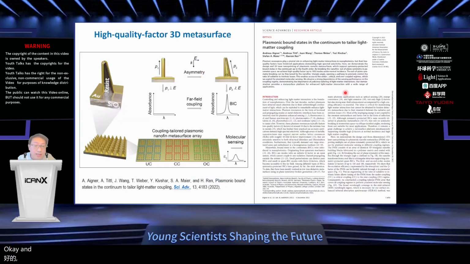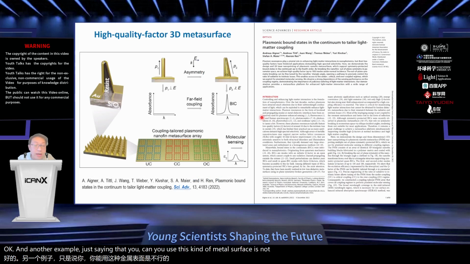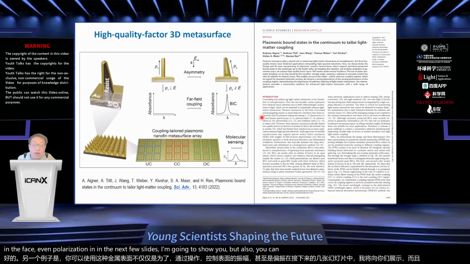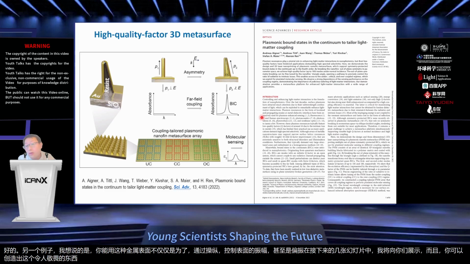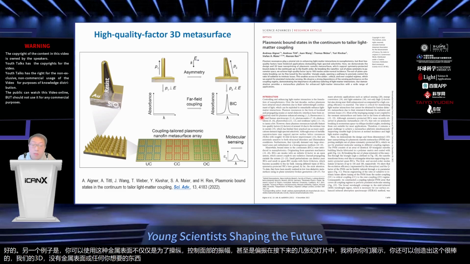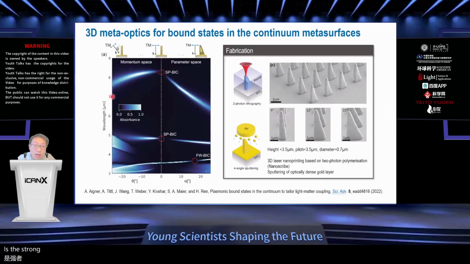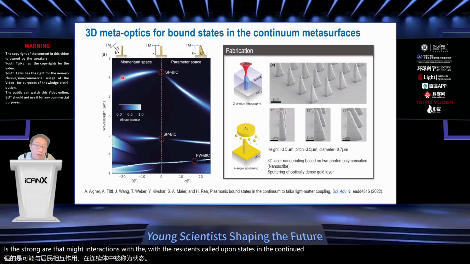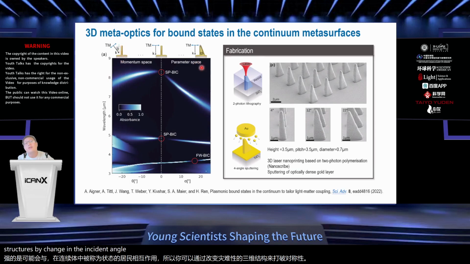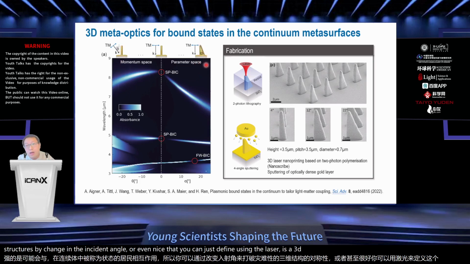Okay, and another example, saying that you can use this kind of metasurface not only for wavefront manipulation, controlling amplitude and phase, even polarization, as I'm going to show you in the next slide, but also you can create these 3D nanofilm metasurfaces, or whatever you want to call them, that harness strong light-matter interactions with the resonance called bound states in the continuum. You can break the symmetry with these 3D structures by changing the incident angle, or you can define using the laser these 3D structures with a triangle shape.